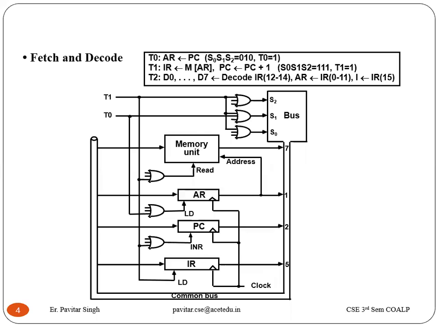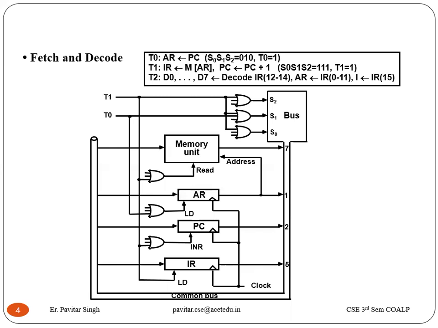So at T0, the address of the first instruction will be loaded from the program counter to the address register, because the address register, which is of 12 bits, is the only register that deals with the addresses of various memory locations, right?